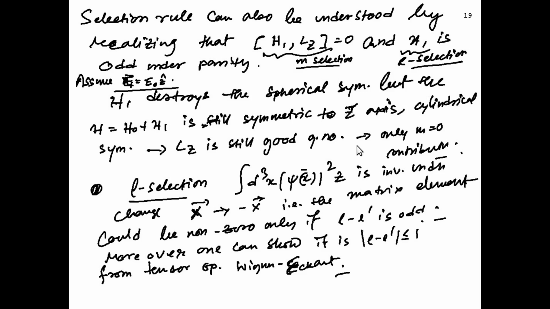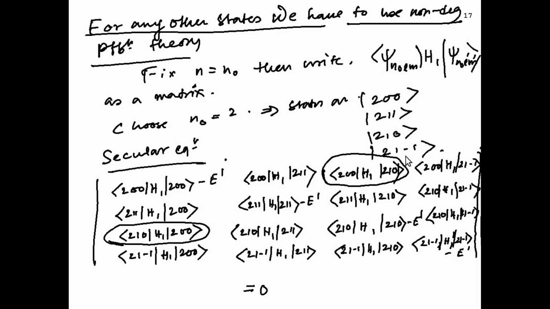So Lz is a good quantum number, and only M equal to M prime will contribute here, given that otherwise the diagonal elements are all 0.